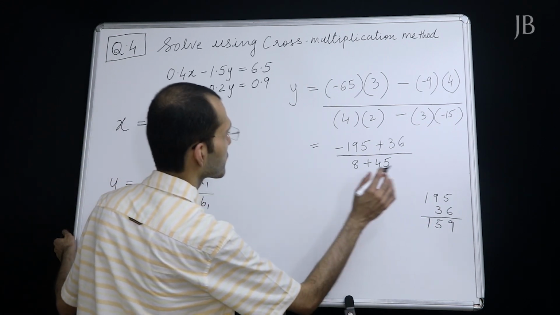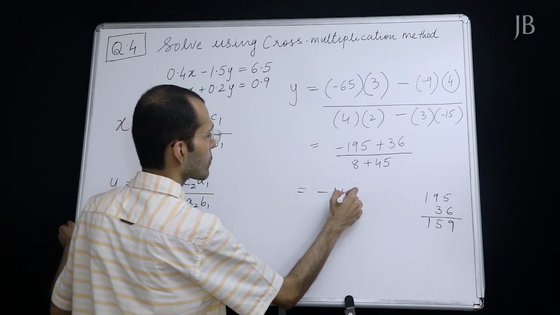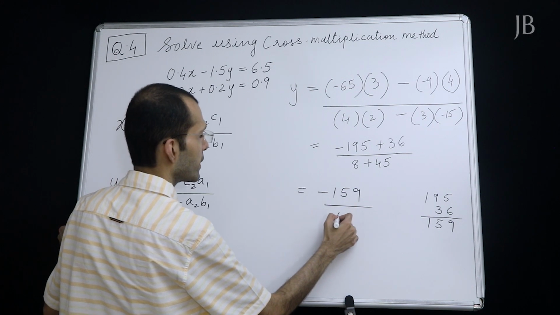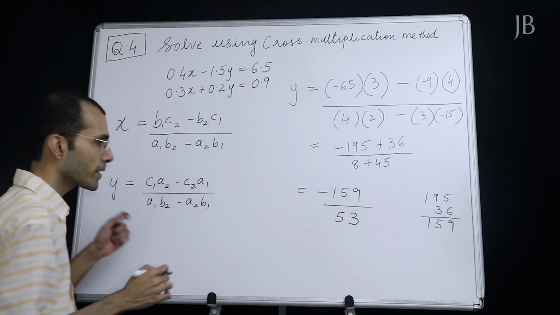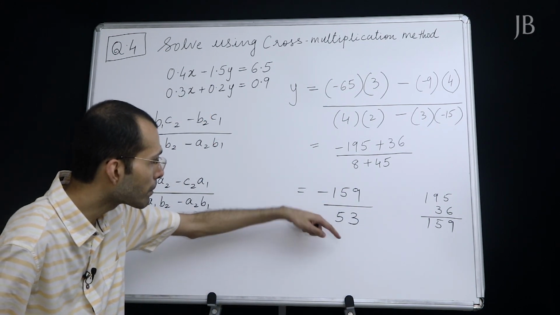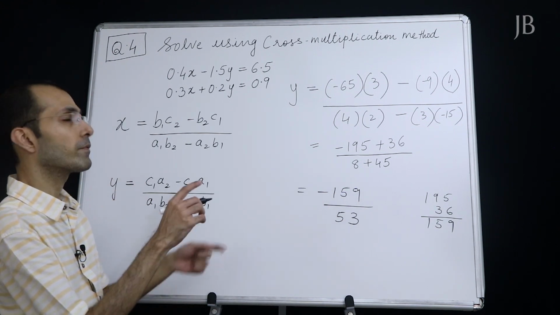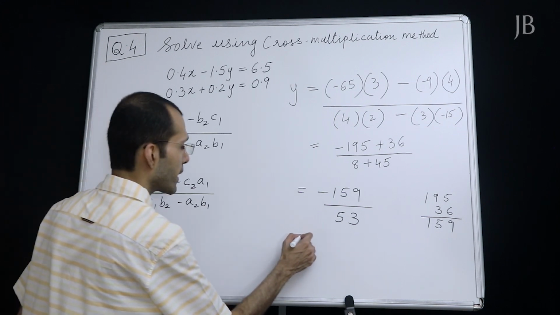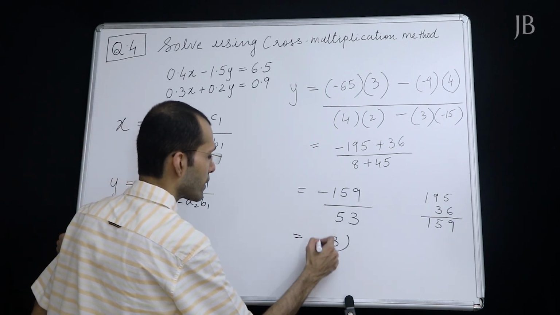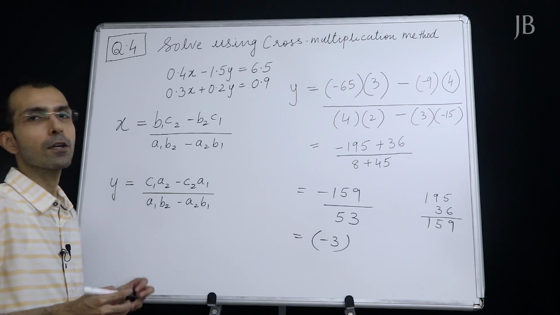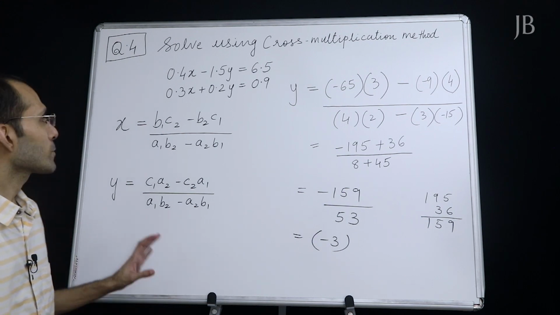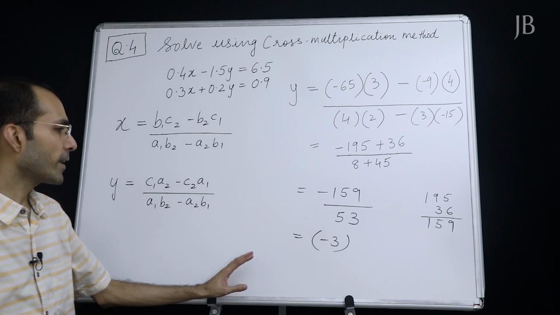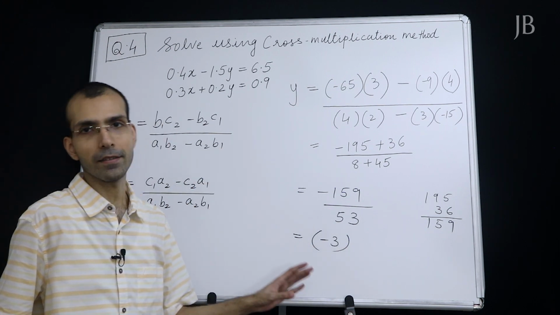Correct, no? So this will be minus 159 divided by 45 plus 8, that is 53. Again see, 53 may completely swallow the numerator. 53 into 3 ending in 9, yeah, 159, and negative sign we will adjust. So this will give us exactly minus 3. So we have easily found the value of x and the value of y. You just need to double underline this.